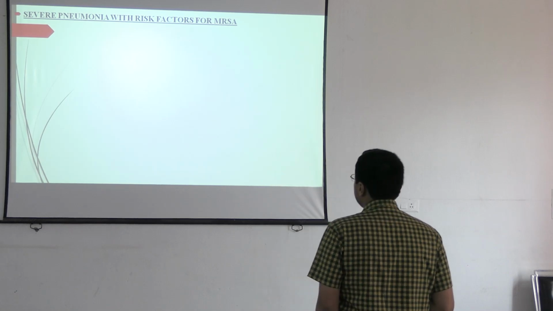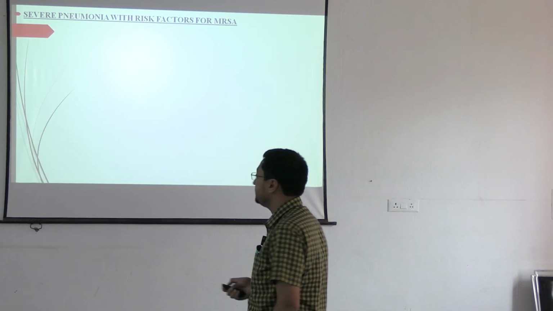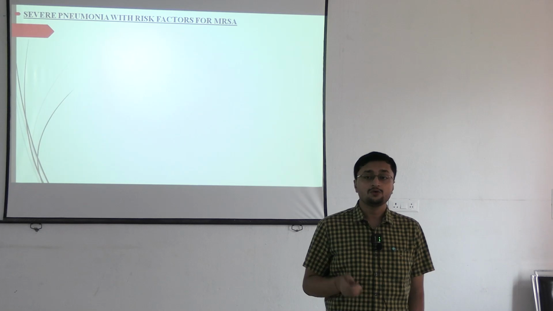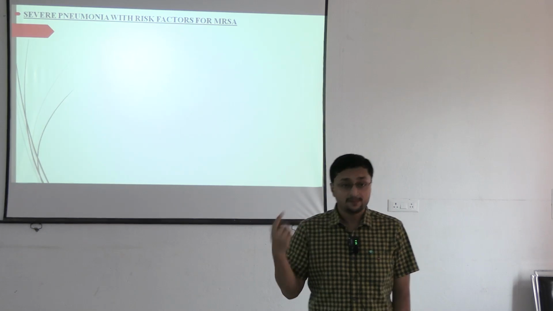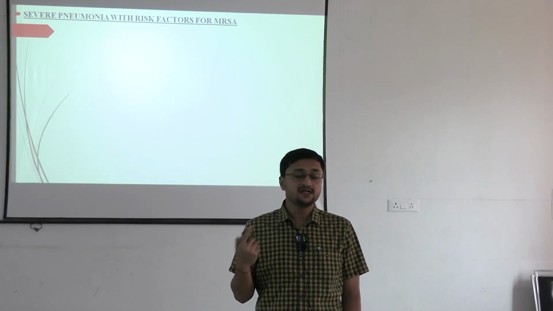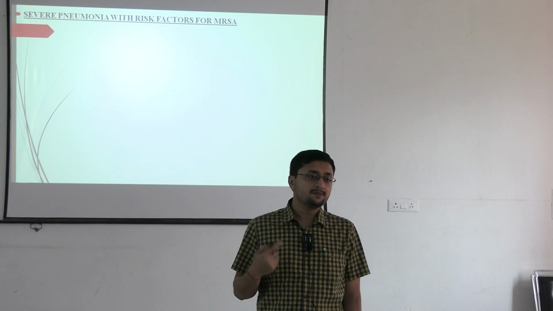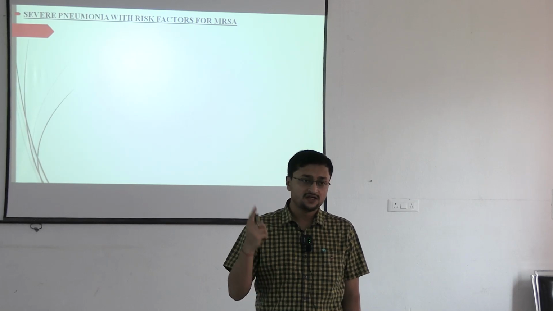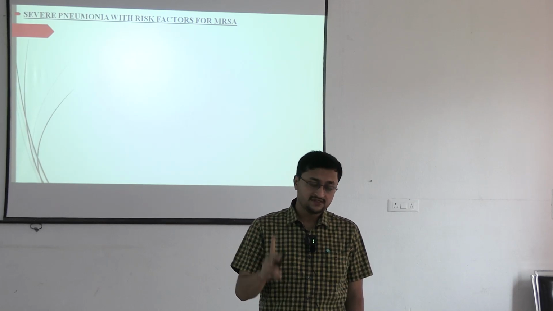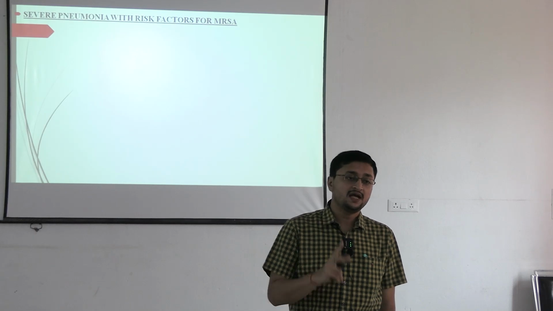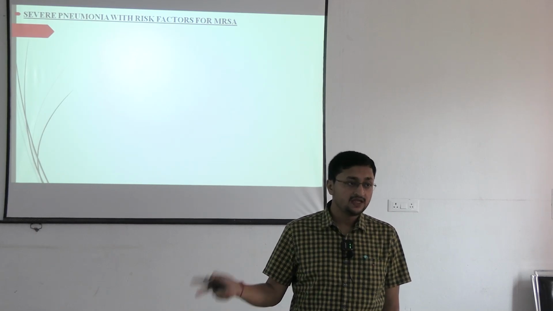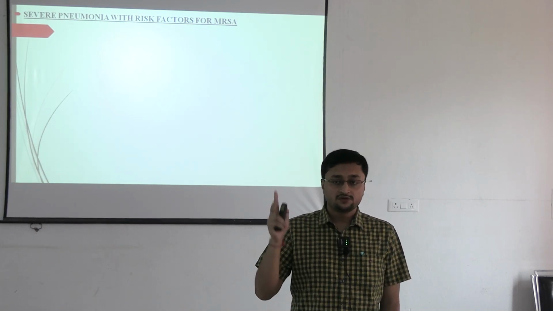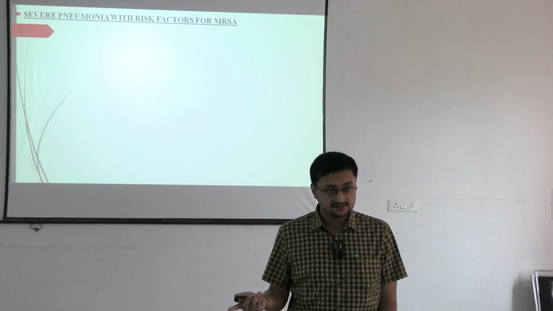And patients having severe pneumonia with risk factors for MRSA. So, what are the risk factors for MRSA? Who has a higher chance of MRSA? First, IV drug abuser. Second, patients having infective endocarditis, immunocompromised individual, chronic kidney disease on dialysis, right?